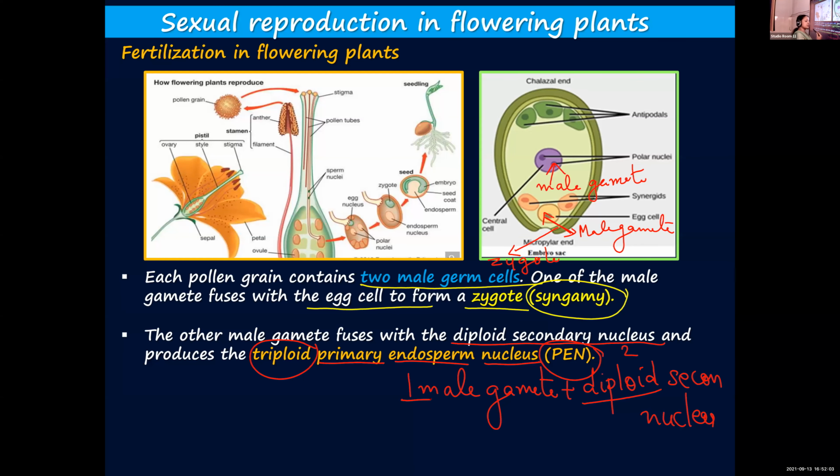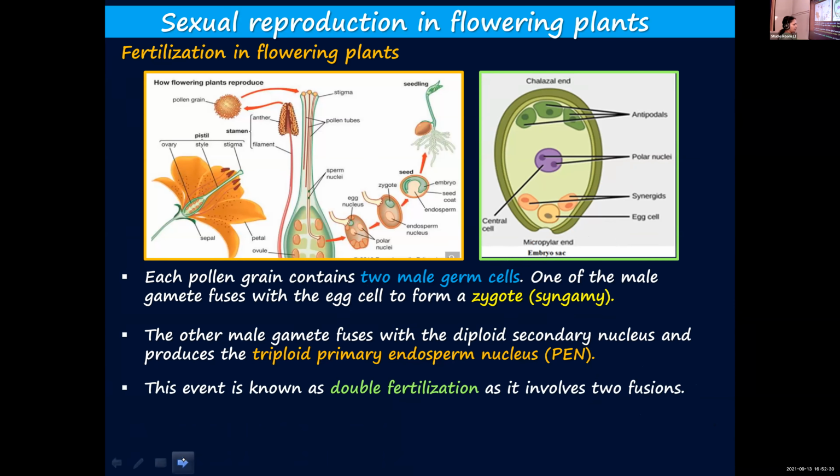So it becomes triploid, with three sets of chromosomes, because already it is diploid and this diploid is again fusing with the haploid male gamete.